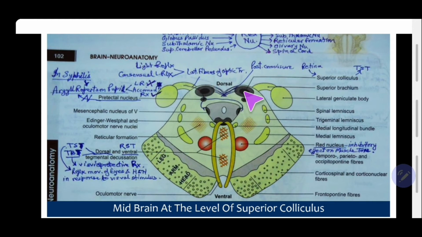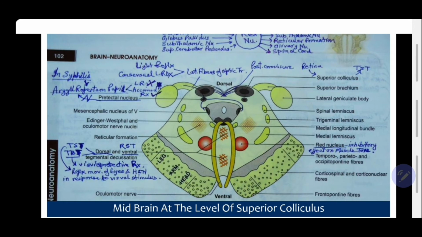These are the superior colliculi. The rest of the structure here is the cerebral peduncles, on both sides, and the parts are the same: tegmentum, substantia nigra, crus cerebri, which I taught you in detail. If you pass a transverse line through the cerebral aqueduct, dorsal to that, this area is called the tectum.